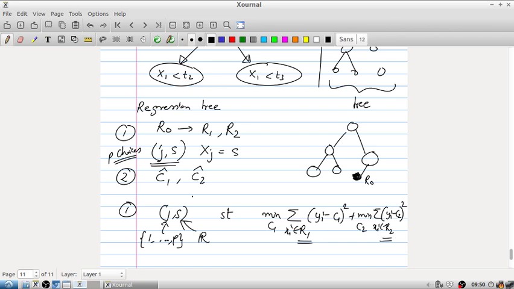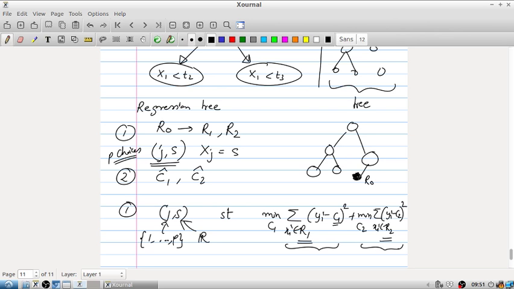This evaluation is easy because given the first coordinate and the threshold of 0.1, you take all the points on the left side of that threshold, and you'll get a C1 which minimizes the first term. Similarly, for all the points which fall on the right side of the threshold, you'll get a C2 which minimizes that term, and then you plug those C1 and C2 in and evaluate this, and so you'll get a number.